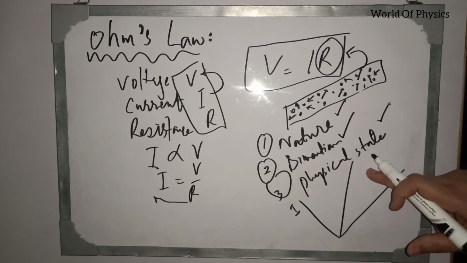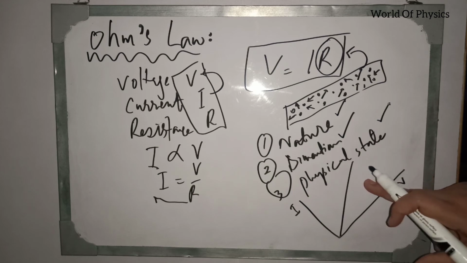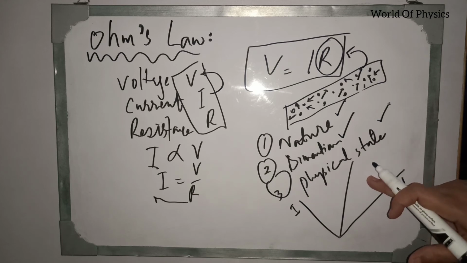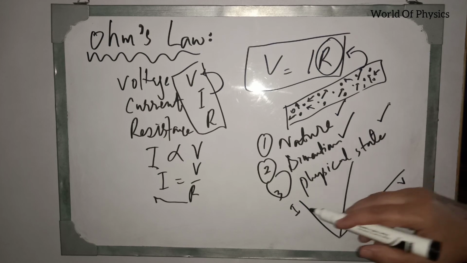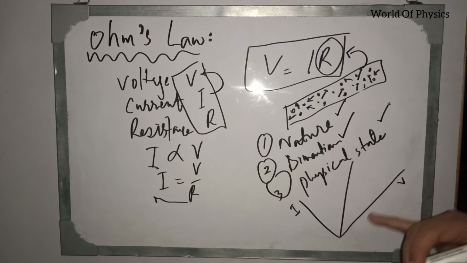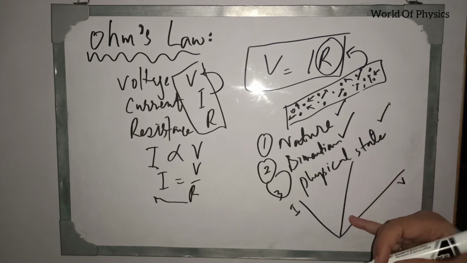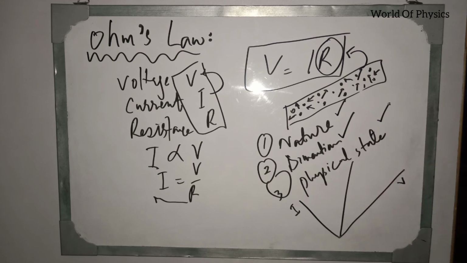Straight line means current is directly proportional to voltage. When two quantities are in direct proportion, they increase in the same ratio, and so there is a straight line between them.